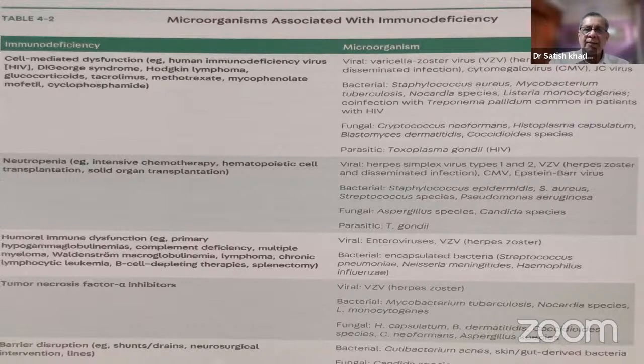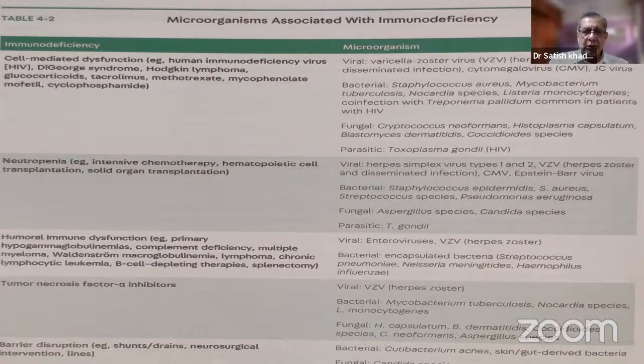It's in 2 parts. Then table 4.2 is microorganisms associated with immunodeficiency. And here, like Dr. Katrak said, which are the cells? I think the immunodeficiencies are classified in the standard manner: cell-mediated dysfunction, neutropenic patients, humoral immune dysfunction, tumor necrosis factor alpha inhibitors being used for various diseases, and barrier disruption like shunts, drains, procedures, lines.